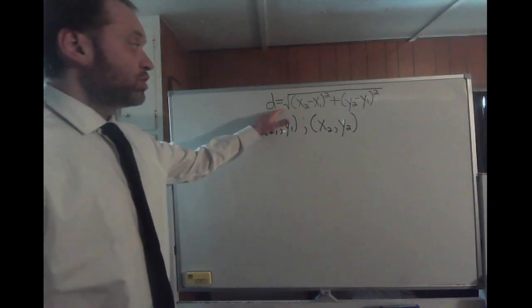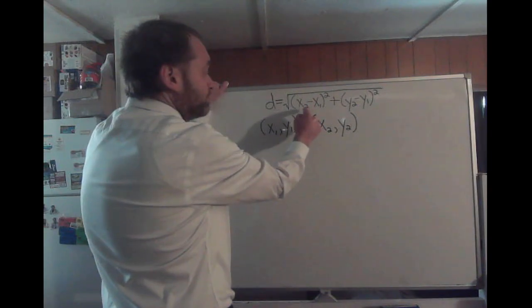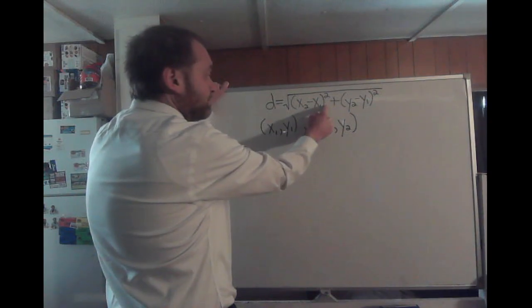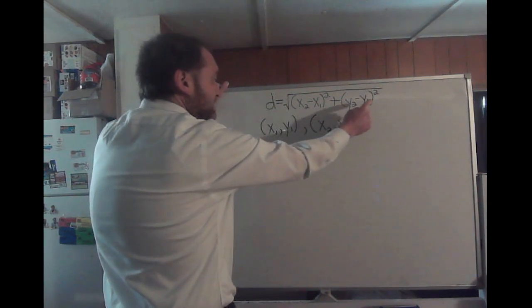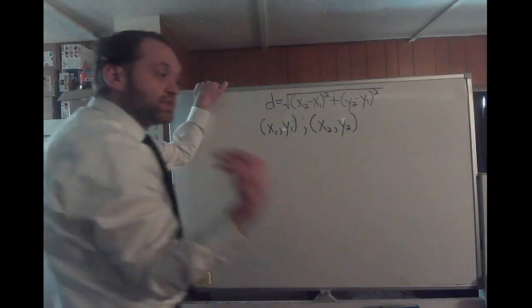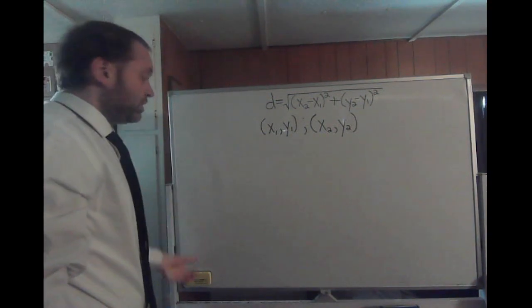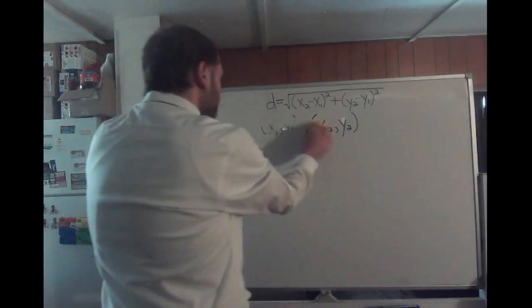The distance formula is the square root of the whole expression of the second x coordinate minus the first x coordinate raised to the second power plus the second y coordinate minus the first y coordinate raised to the second power, the square root of the whole thing. So that is how you find the distance between two ordered pairs.